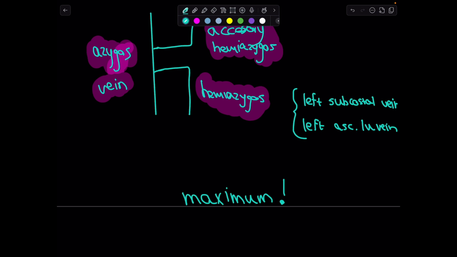The accessory hemiazygos drains upper left posterior intercostal veins, T4, T8, because the left upper thorax, crowded by the heart and aorta, requires a separate venous channel to avoid compression and maintain flow. Evolutionarily, this split on the left, unlike the single azygos on the right, likely arose due to asymmetric organ placement in mammals, with the heart shifting left, necessitating segmented drainage to adapt to spatial constraints.